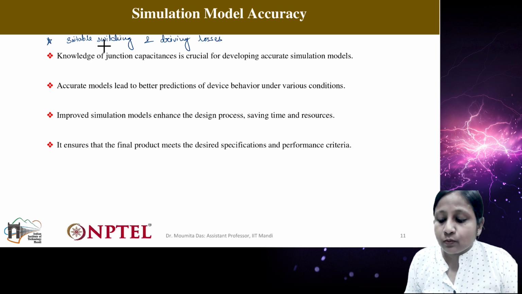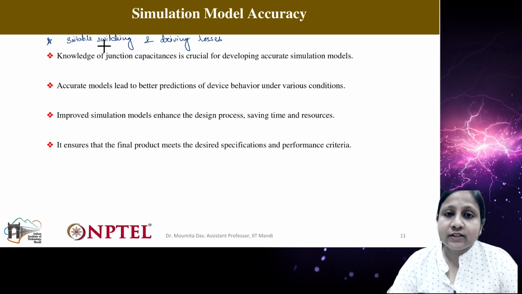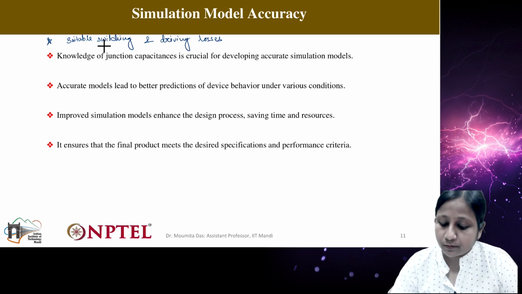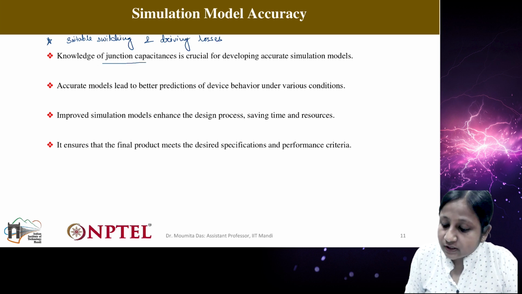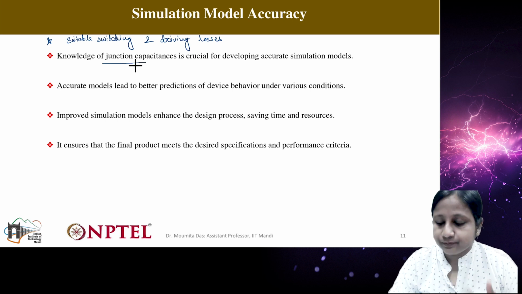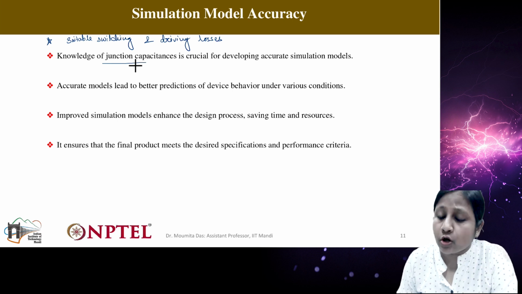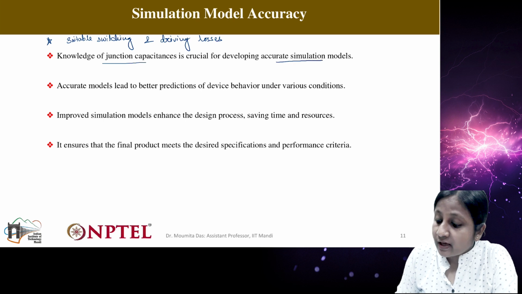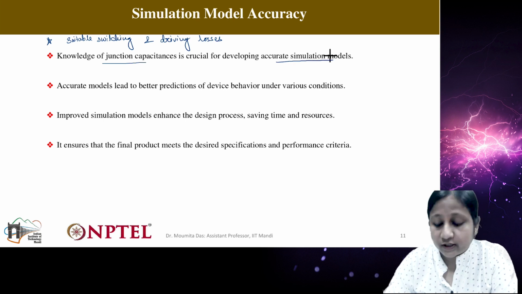Second is simulation model accuracy. If we are modeling any device and we don't have information on these capacitances or their behavior, we cannot model the device properly, and if we can't model the device properly, then the simulation will not be possible properly. So knowledge of the junction capacitance is very important in order to develop an accurate simulation model.